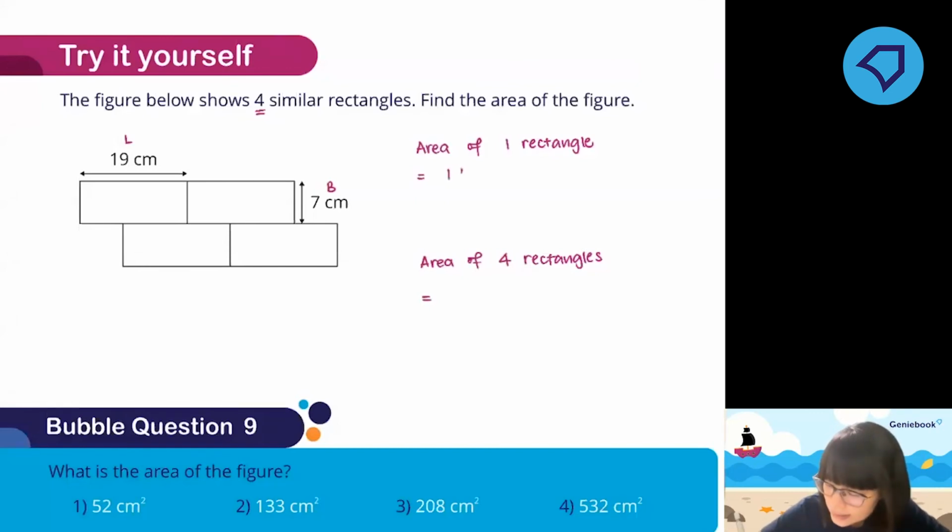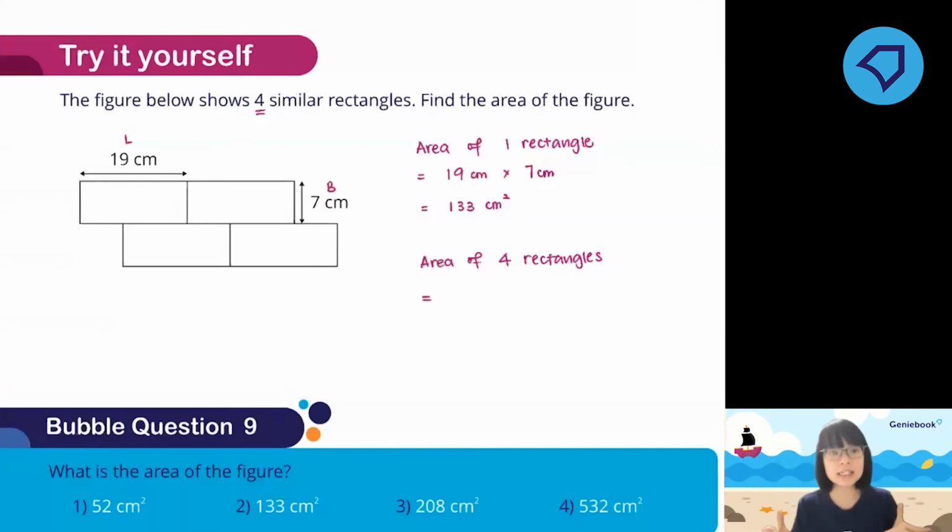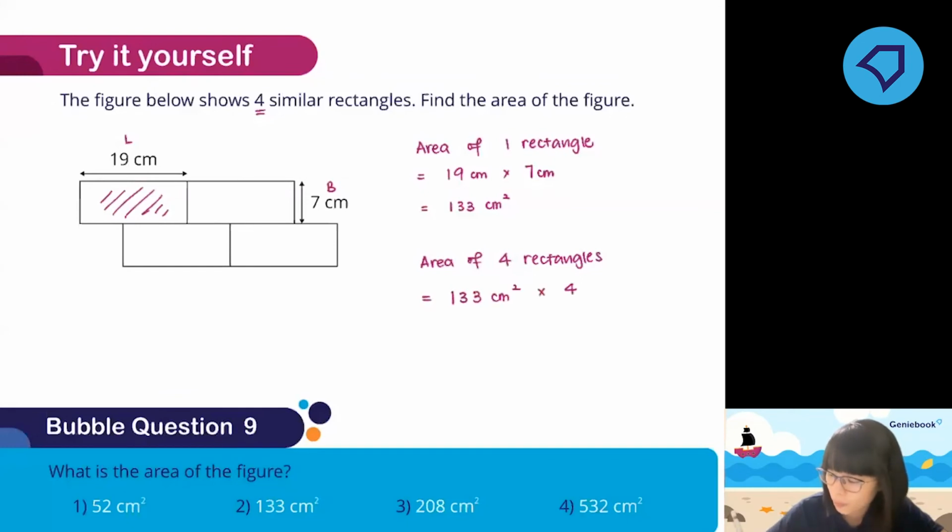So you take 19 cm multiplied by 7 cm. 19 multiplied by 7, you have 133, and cm multiplied by cm is equal to cm squared. Some of you gave me the answer as option number 2. But the question is asking for the area of the figure, so this is just the area of one rectangle. You want to find the area of 4 rectangles, so we need to multiply it by 4. Take 133 centimeters squared and multiply it by 4, okay?